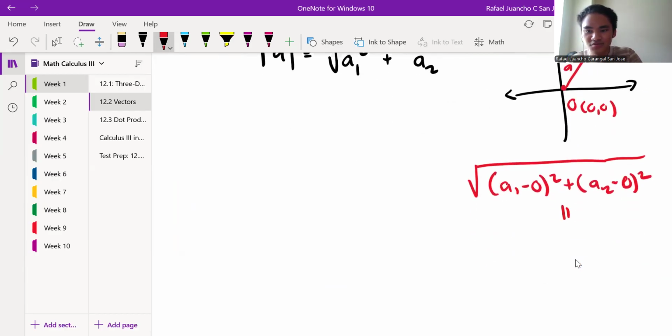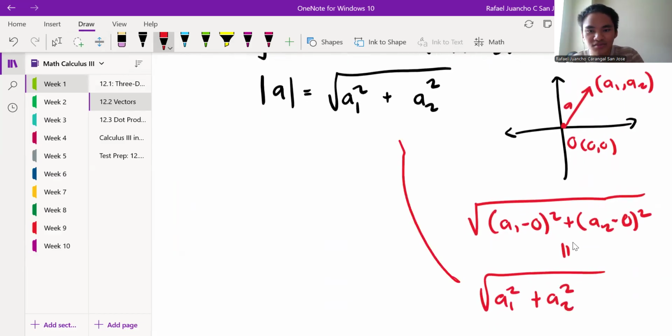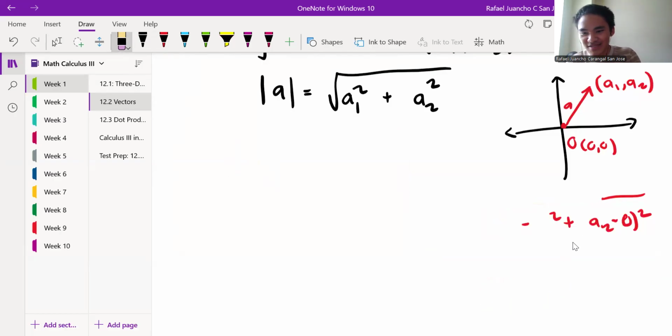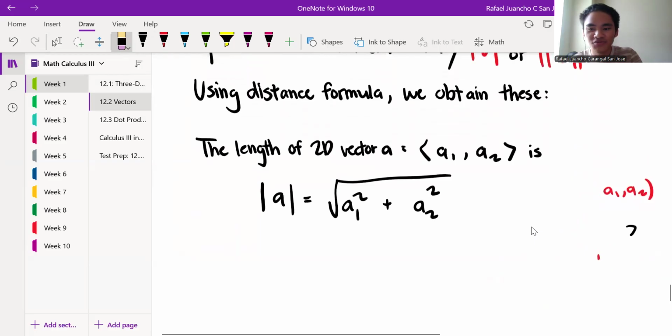And so that would just be A1 squared plus A2 squared, which is the same as this one. And then this is just the notation to go with it, if it's 2D. Oh, so this one means it's 3D. But that's the idea in 2D. And then the one with the two vertical lines is for 3D.